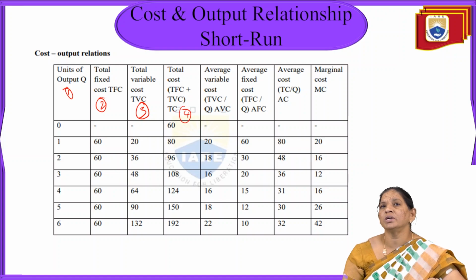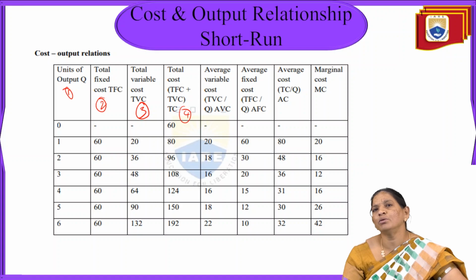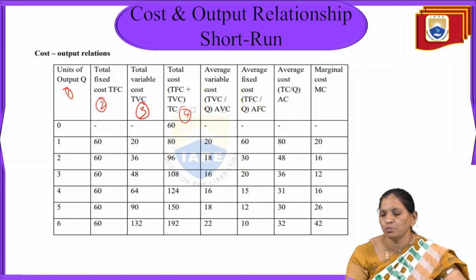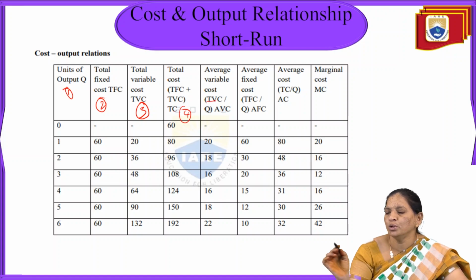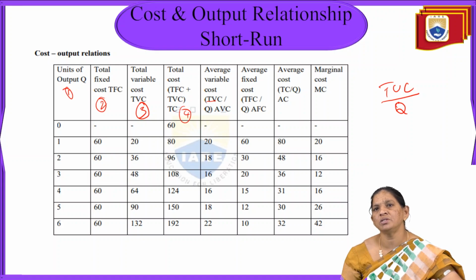Another cost we want is average variable cost. As I have already told, when total variable cost is divided by the number of units produced, you get average variable cost.